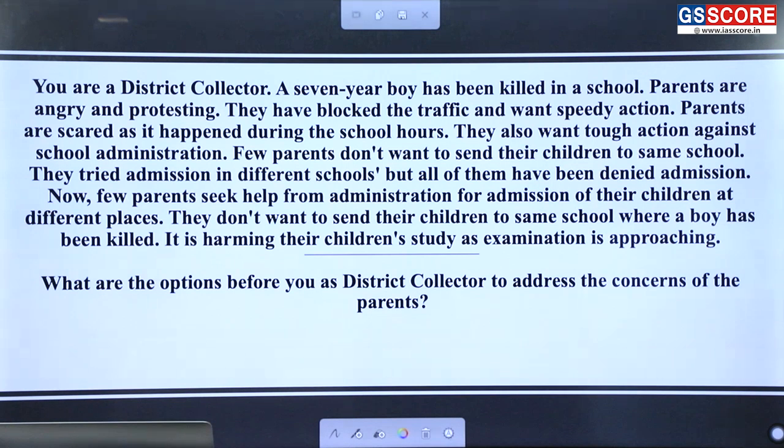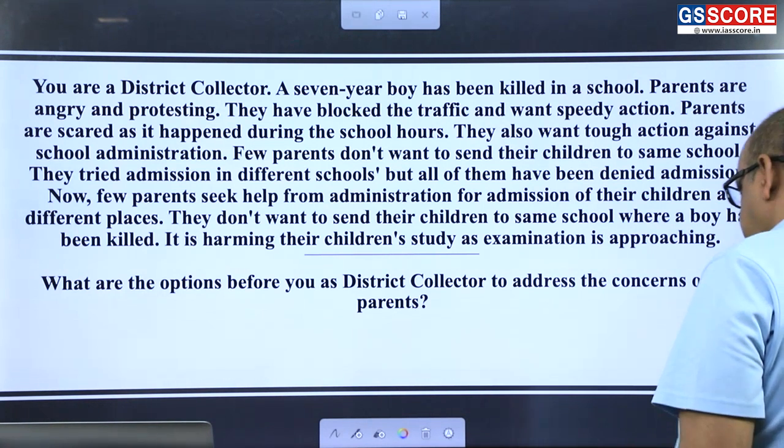They tried admission in different schools, but all of them have been denied admissions. Now few parents seek help from the administration for admission of their children at different places. They don't want to send their children to the same school where a boy has been killed. It is harming their children's study as the examination is approaching. What are the options before you as district collector to address the concern of the parents?